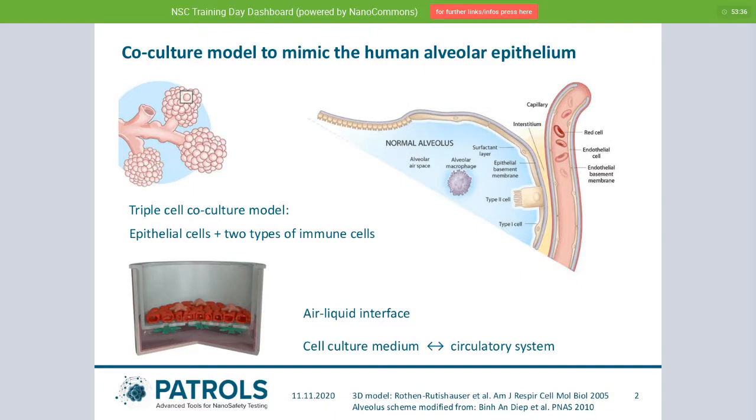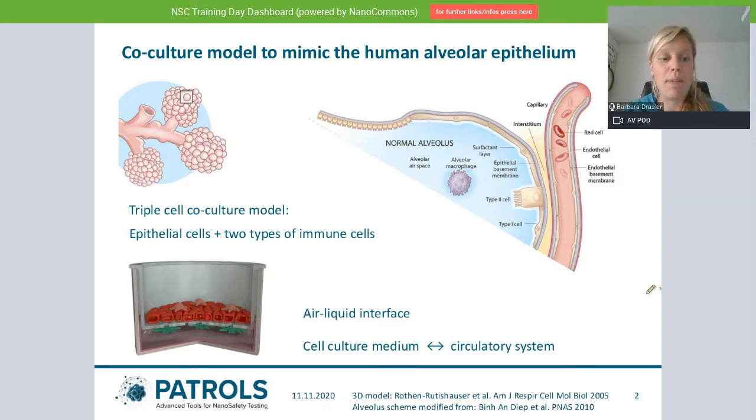So as I said, I will focus on the innermost, the deepest regions of the lungs, and these are alveoli. And as Kirsty said, this is where the gas exchange occurs. That's why this is a very important region. We can mimic this alveolar model again by using these transwell membrane inserts and by seeding different cell types onto it.